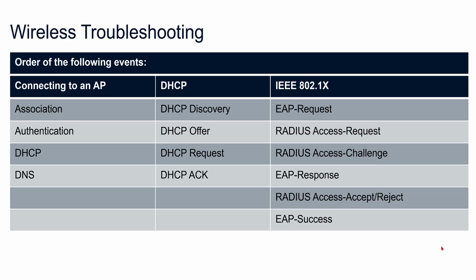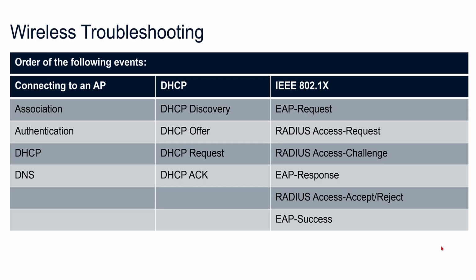Then we have step 3, which is DHCP, our IP address assignment. Once authentication succeeds, now the client can request an IP address. This is our classic DORA process. A DHCP discover from the client, which is a broadcast, a DHCP offer from the server, which could be a broadcast, but it could also go to the client.